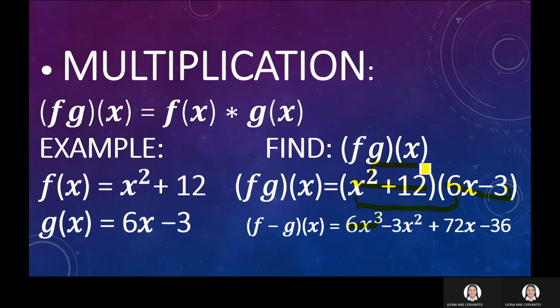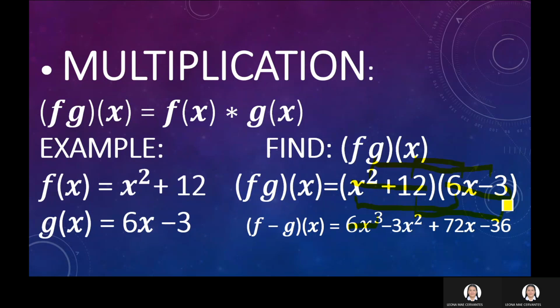Then we have x squared times negative 3 is equal to negative 3x squared. Next, 12 times 6x is equal to 72x, and 12 times negative 3 is equal to negative 36.